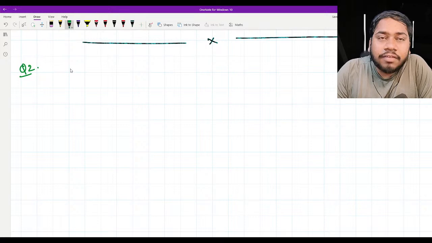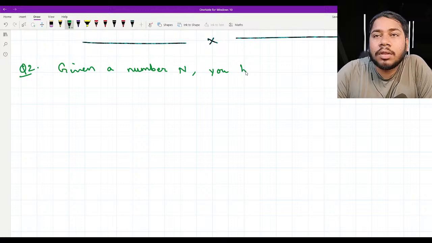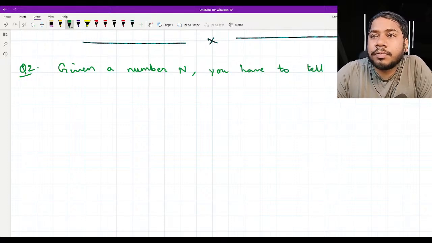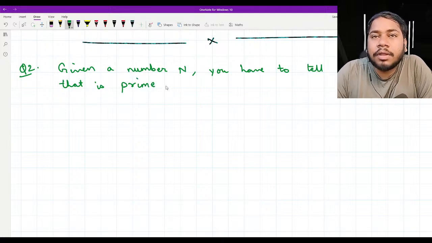A number is given, given a number n, you have to tell whether that is prime or not. So can you guys tell me the definition of what prime numbers are?